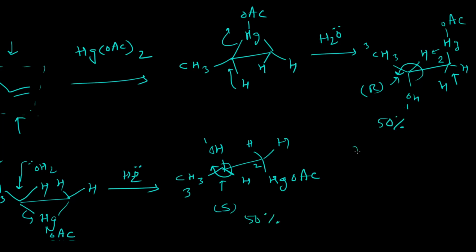So it will be obviously a racemic mixture. So we have seen that the addition, that is the first step or oxymercuration step, is eventually an anti-addition, which gives rise to the formation of a racemic product.